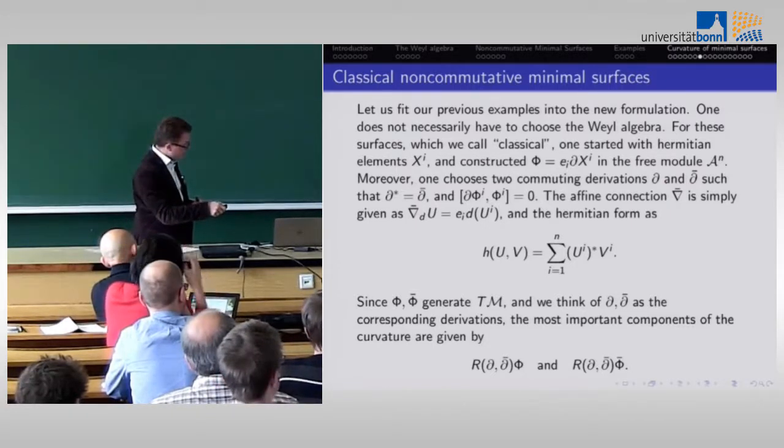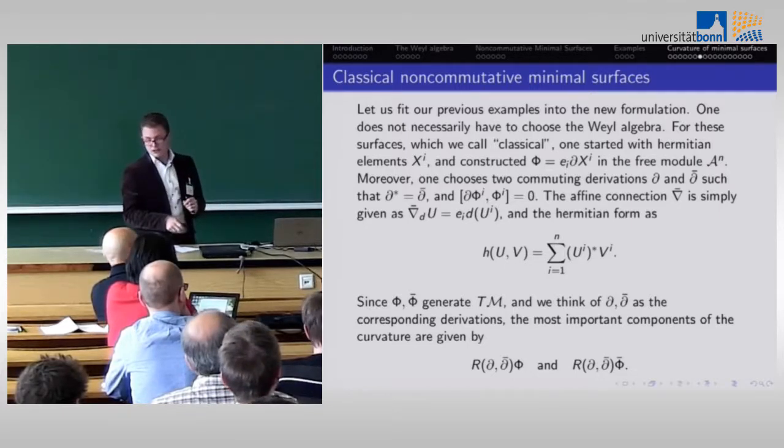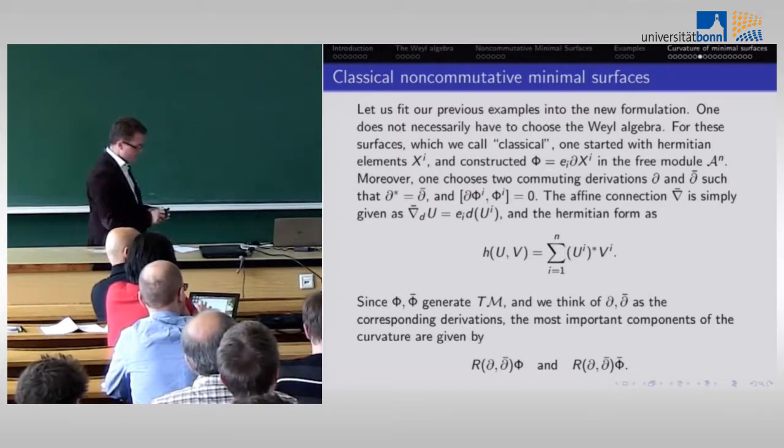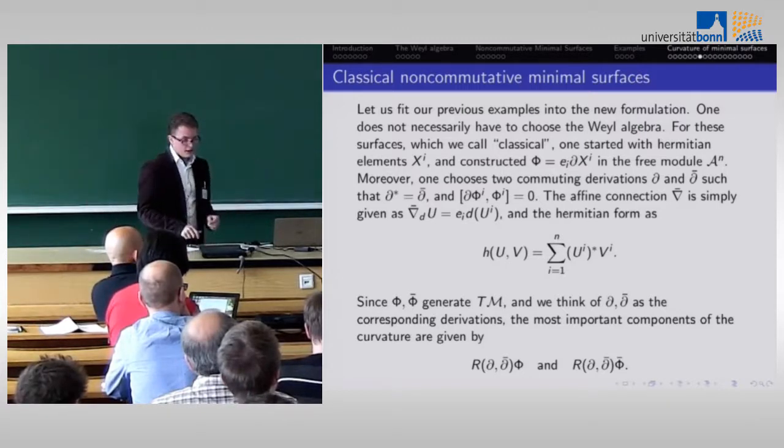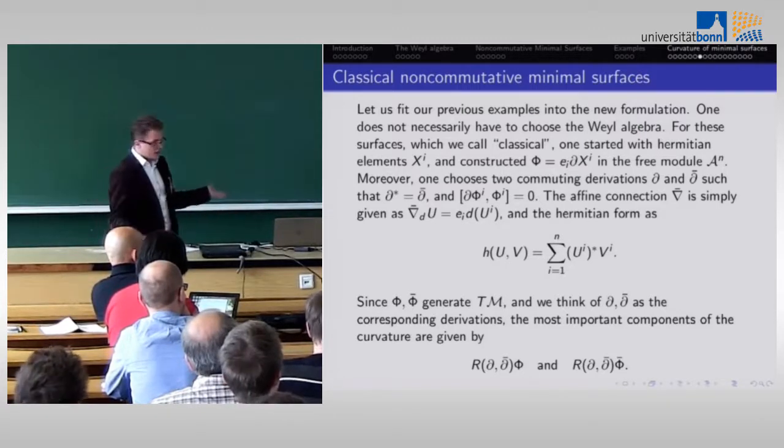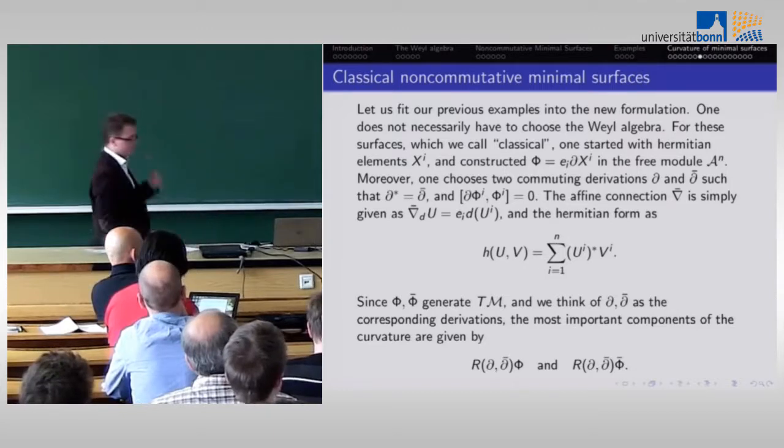Then these are the two derivations you would like to plug in here. They are the two most important derivations. So that's why I will now compute these curvatures. You can do it for any derivation, but the formulas are not as nice, and these are conceptually the most important ones.